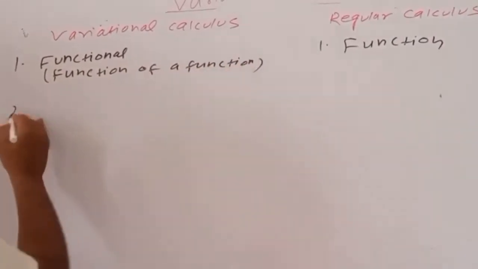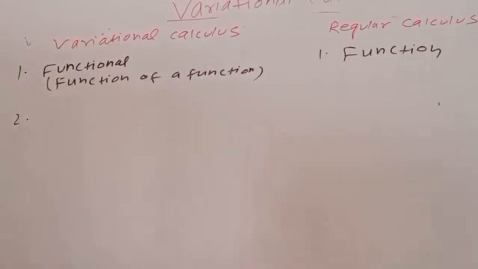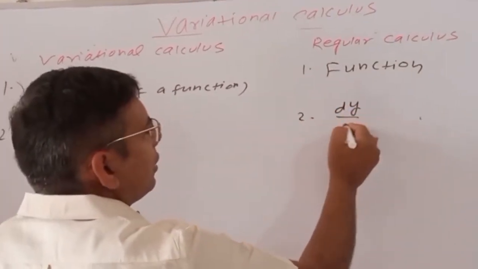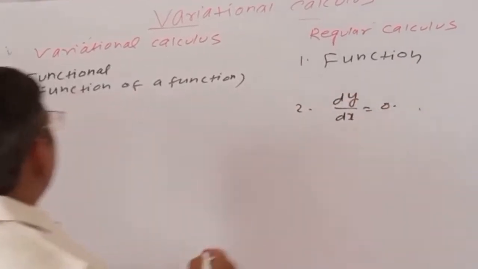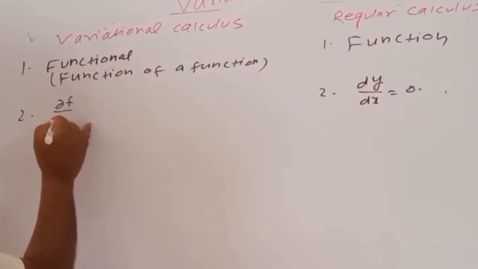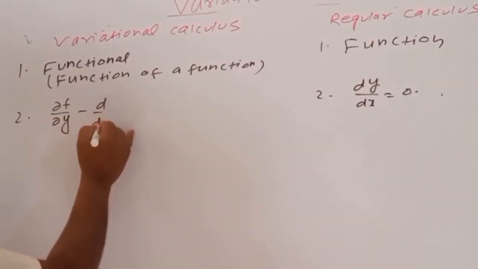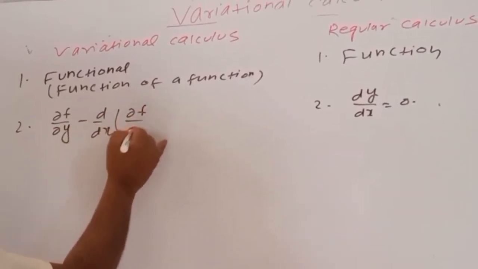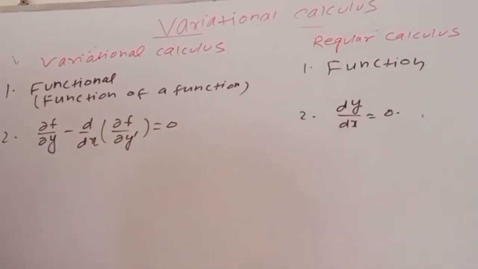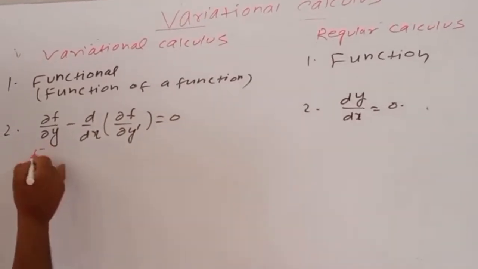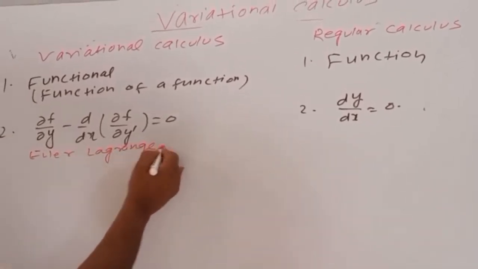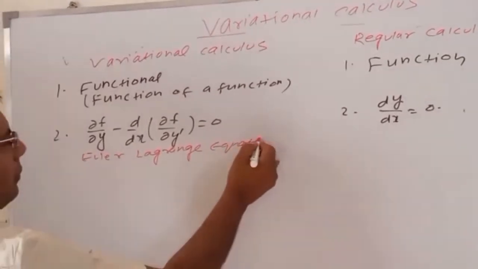Second, in regular calculus the condition is dy by dx is equal to 0, but here the condition is the Euler-Lagrange equation. Okay.